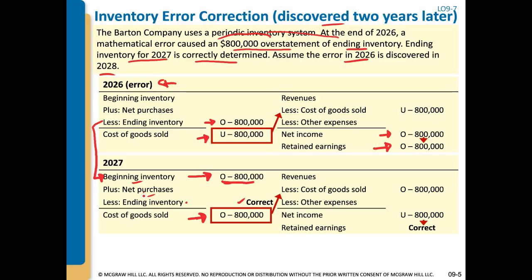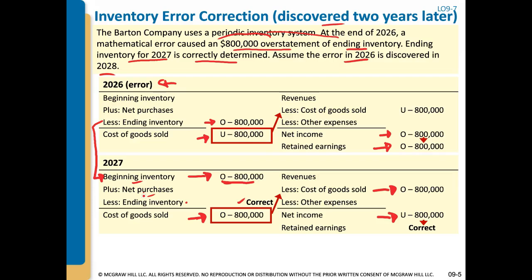and that flows into our income statement. Our cost of goods sold in 2027 will be overstated, which means we have too many expenses, because cost of goods sold is a type of expense. So we have too many expenses, which means our net income is understated.